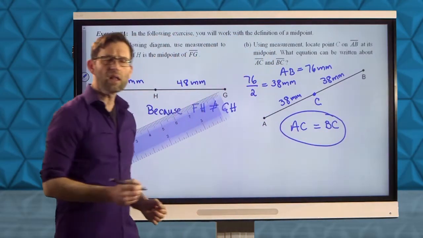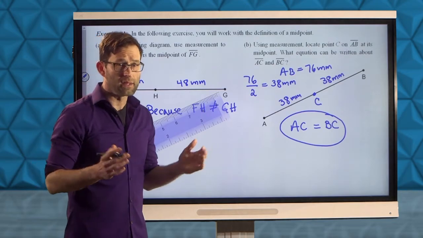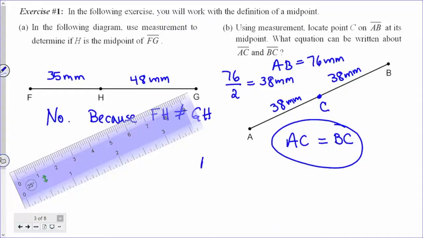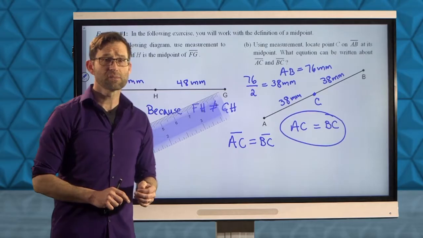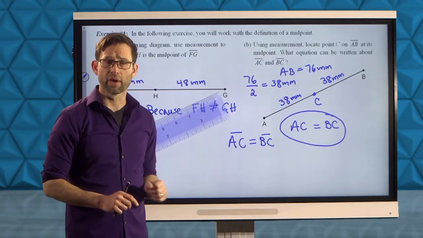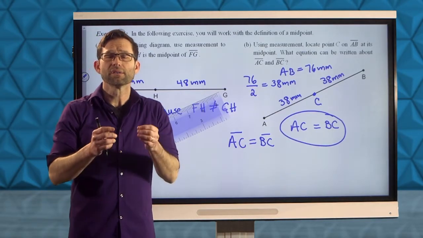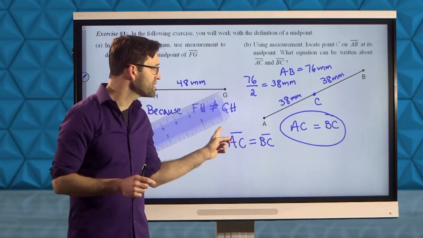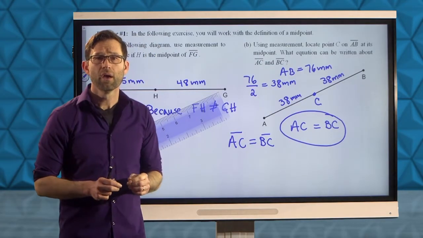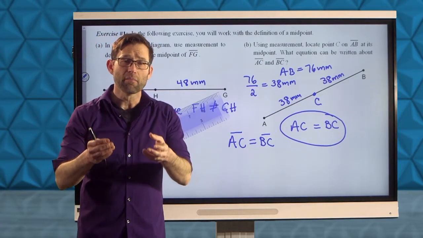Now, it's not likely that your geometry teacher would take off for writing something like AC is equal to BC with those line segments there. But technically speaking, this is a very, very strange statement. Again, because literally when we have AC with that little bar above it, we're not talking about 38 millimeters.